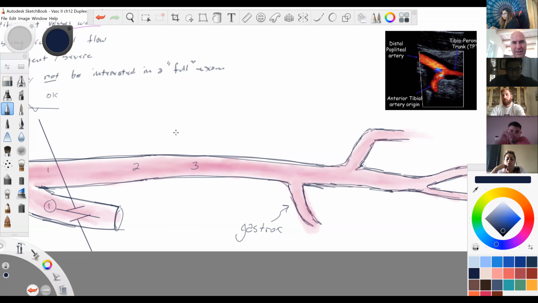Okay, so this is the knee, so we have popliteal here. Let's just say 1 and 2. I'll do a second one distally. Notice that I drew in the gastrocs artery. That might be the first artery that comes off that you notice if you're following this carefully. But that's going to just go up into muscle.